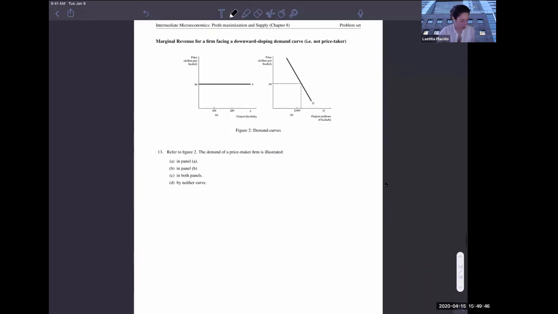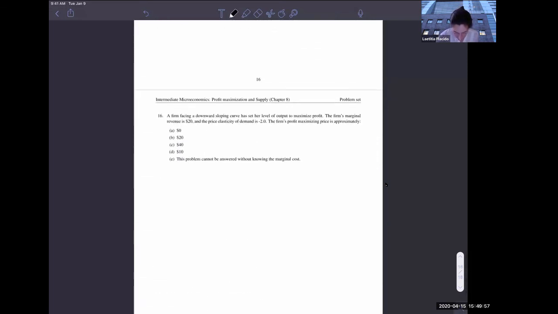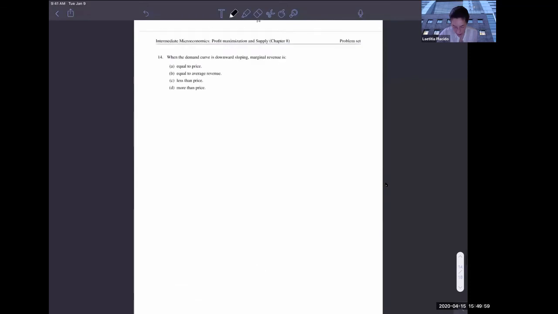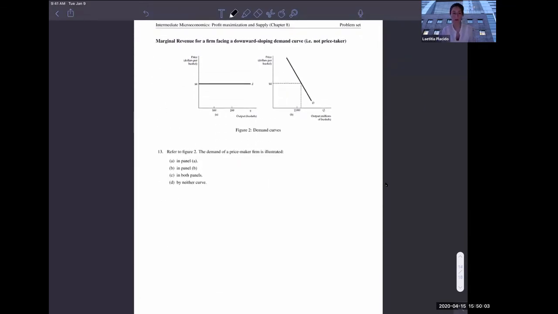And the remaining questions, from 13 to 16, I believe, are for firms that are not price takers. You're going to see here that the marginal revenue will have a different meaning for this kind of firm.